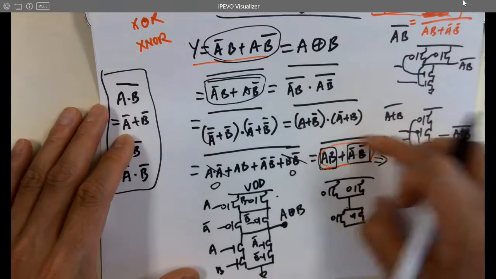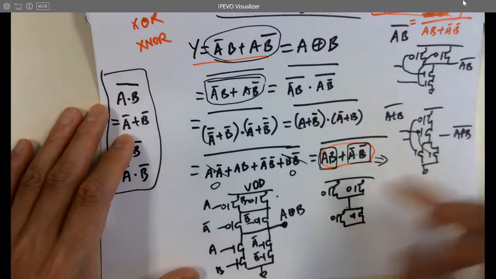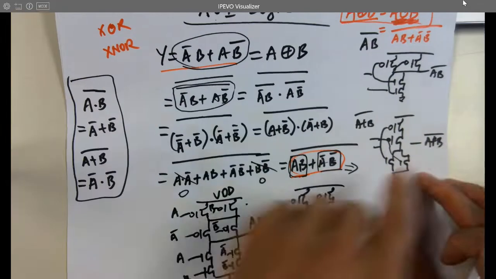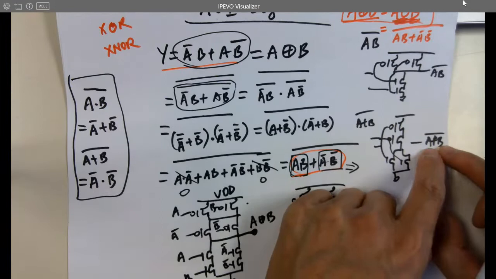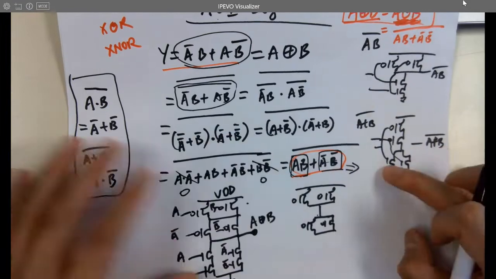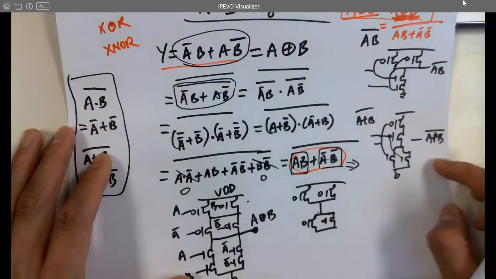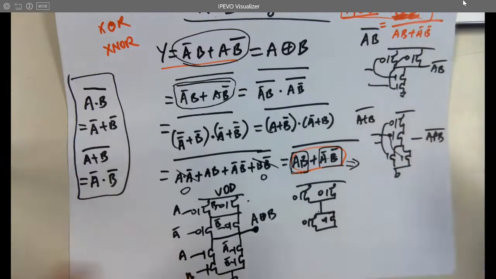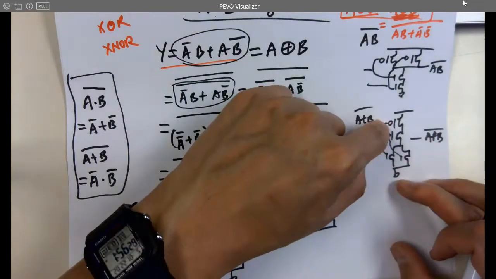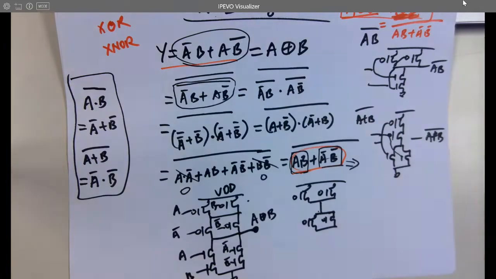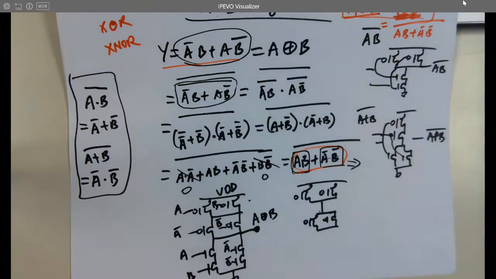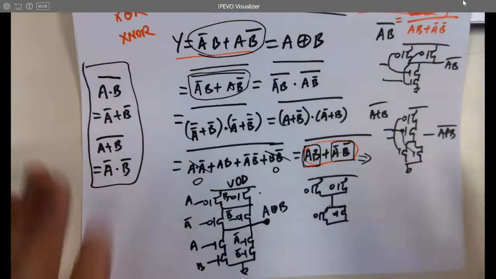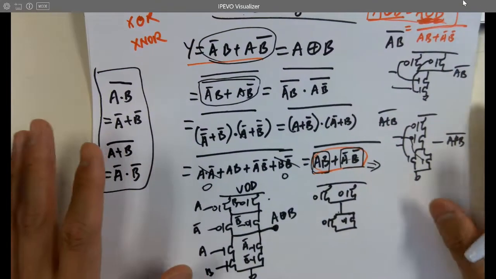If it doesn't have a bar on top, we have to invert it. Like these guys. When you're just dealing with A and B, A or B, you form this circuit. You don't need to look at the bar. But whenever you are done, you should know that it has a bar on top, because to turn on the PMOS, you use a 0. You don't have to always think about that why, right? After you know this is correct, just directly use this technique to design all the circuits in the future.